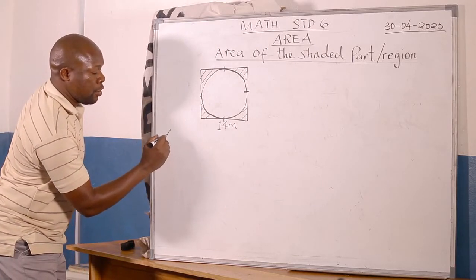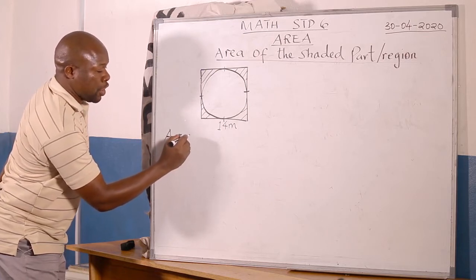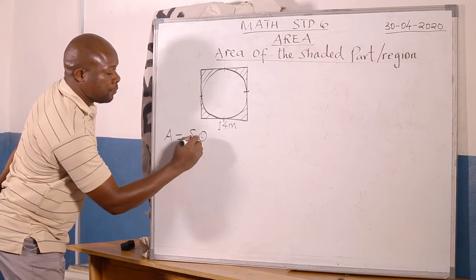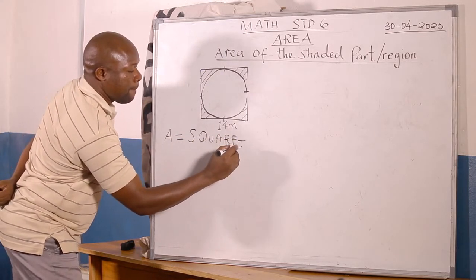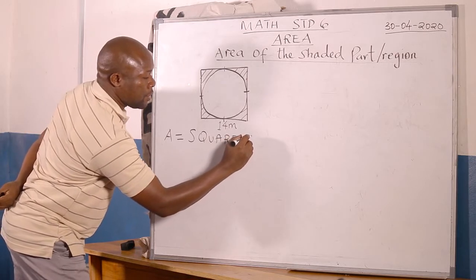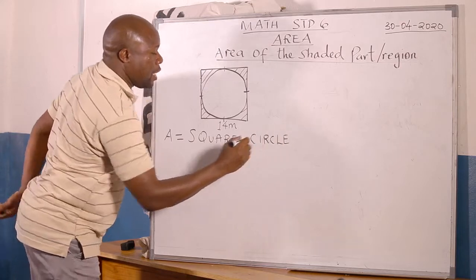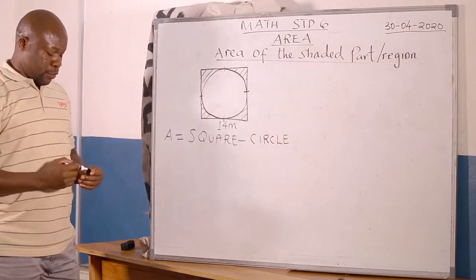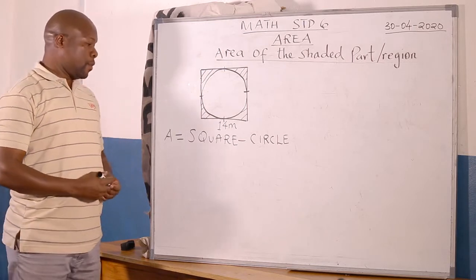So we're going to say, to find the area of the shaded part, you will take a square, you subtract a circle from a square. Now, this is what we are going to do in order to arrive at the correct answer.